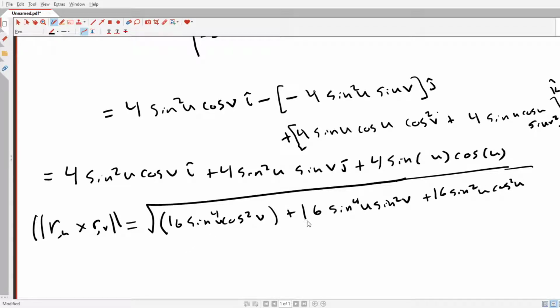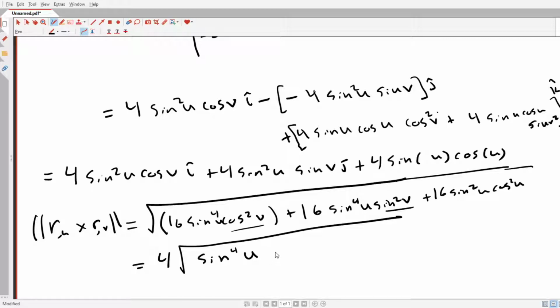Okay, so let's see, how can this simplify? So here I have cosine squared v, sine squared v. If I add those together, also I can factor out the 16. So that comes out, I get a 4 out in front. And here I'm just left with sine to the 4 u plus sine squared u cosine squared u.